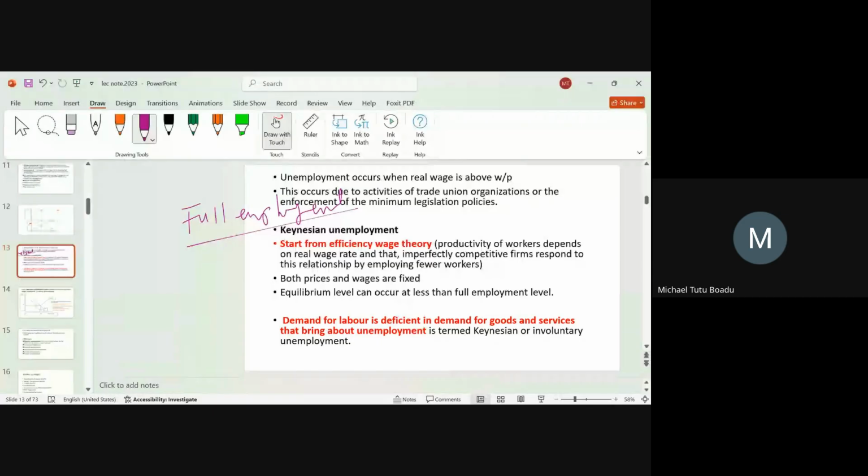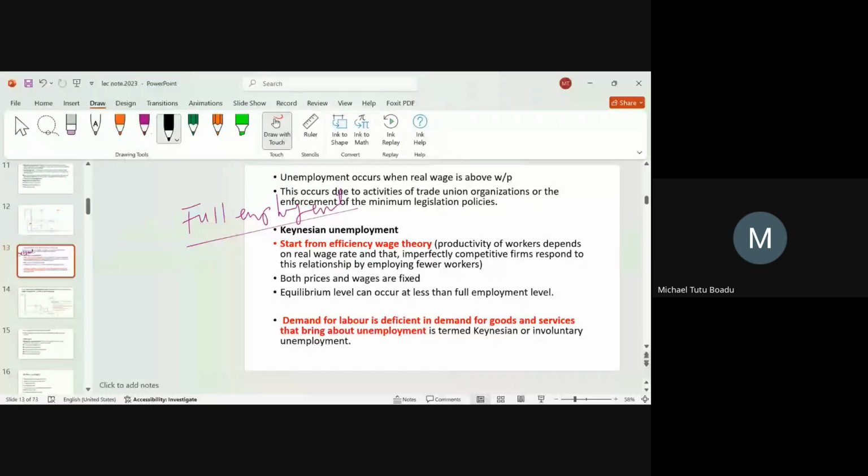So to Keynes, efficiency wage theory is what we have to use to determine the employment, the full employment, or what causes unemployment within an organization or within an economy. So he said that we must start from the efficiency wage theory. And what is the efficiency wage theory?